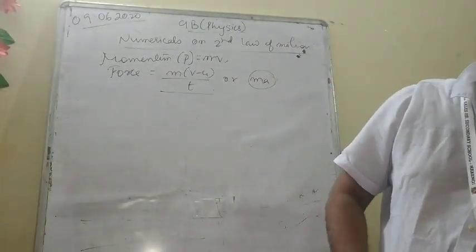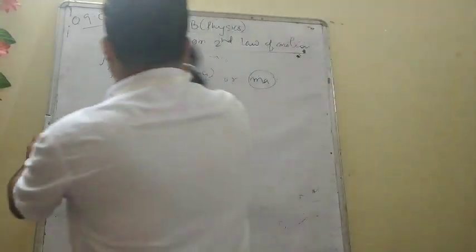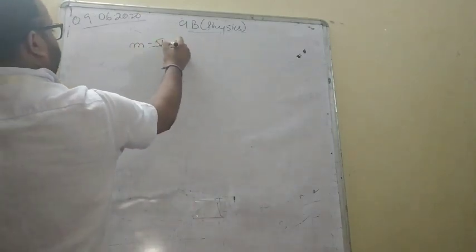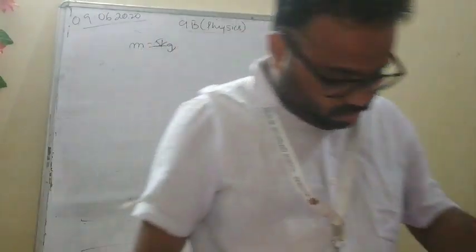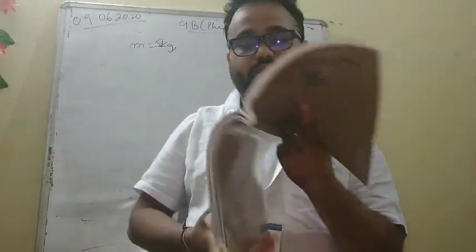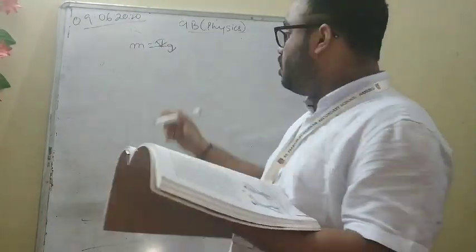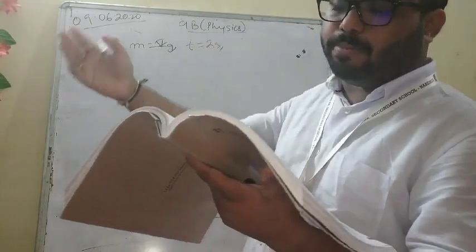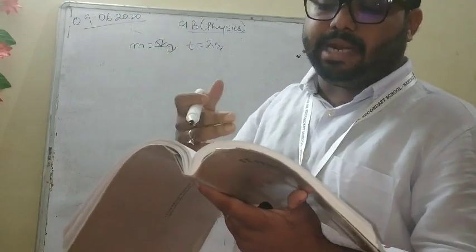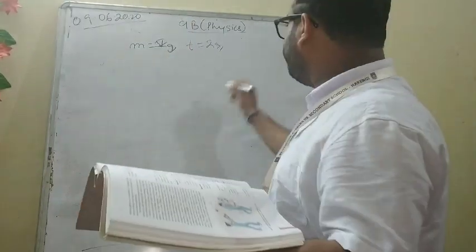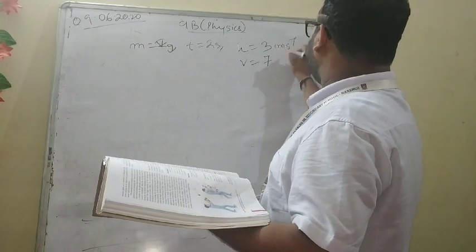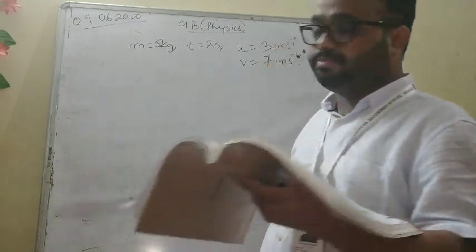A constant force acts on an object of mass 5 kg for a duration of 2 seconds. It increases the object's velocity from 3 meter per second to 7 meter per second. That means initial is 3 and final is 7 meter per second.